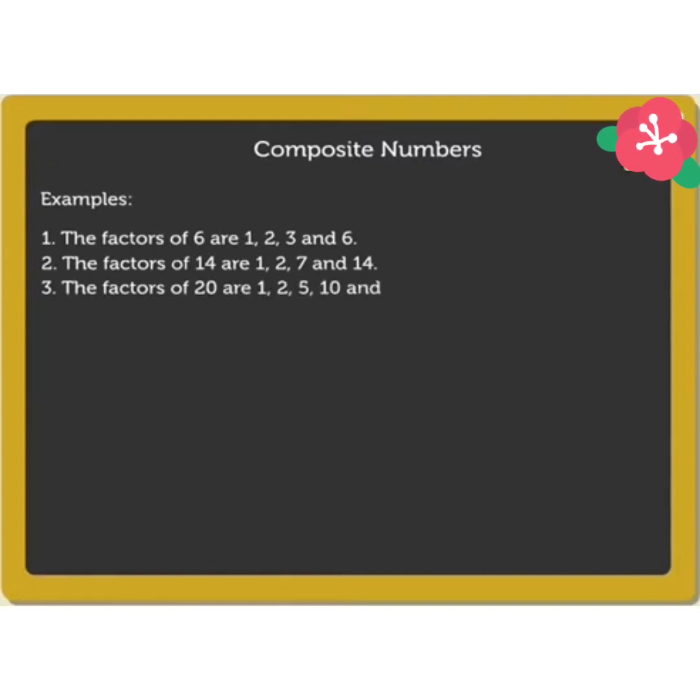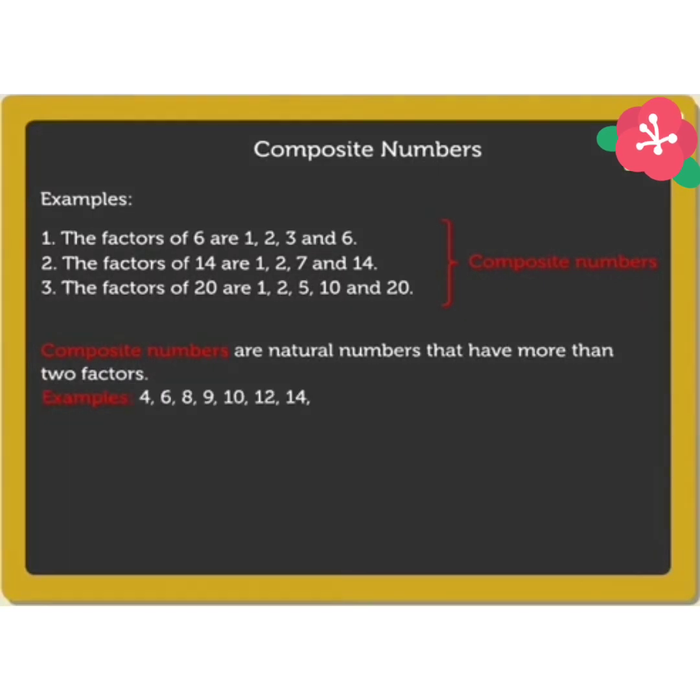All the above numbers have more than two factors. These numbers are called composite numbers. Thus, composite numbers are natural numbers that have more than two factors.